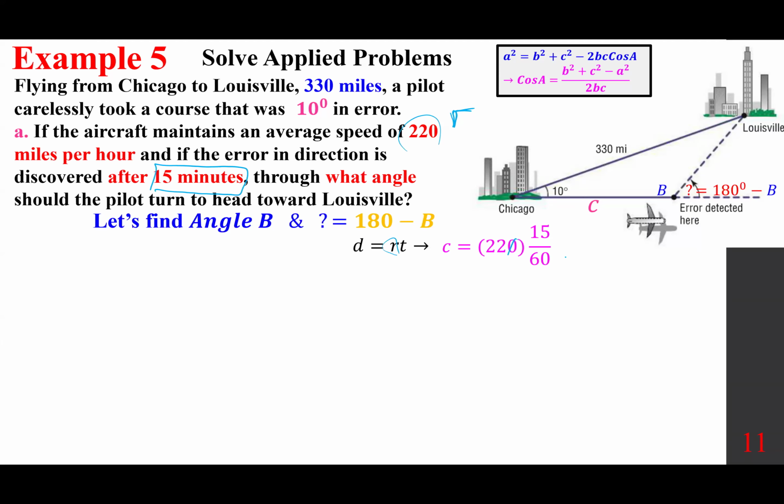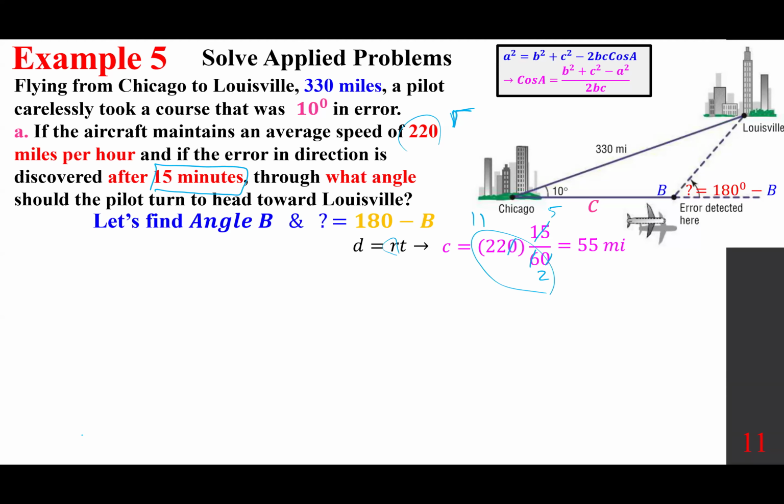The 0 drops here. 15 is divisible by 3. So is 6. 22 and 2 is 11 times 5, 55 miles.